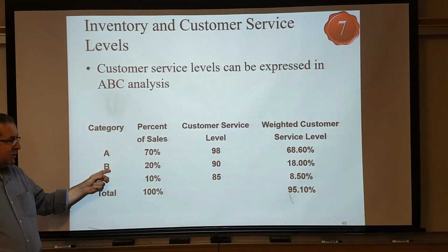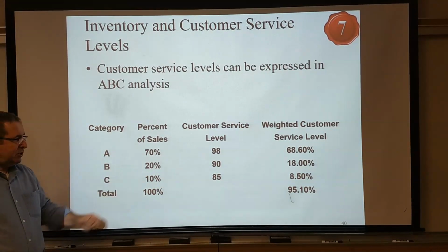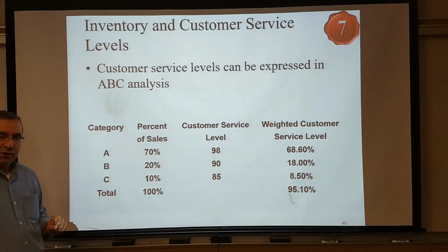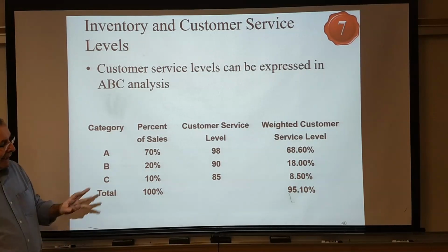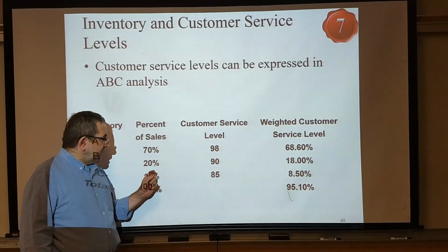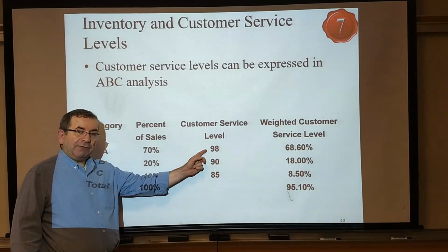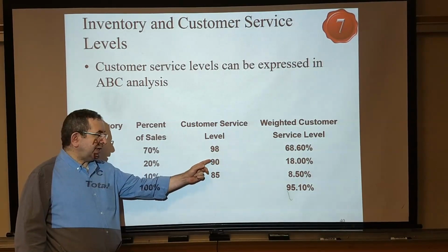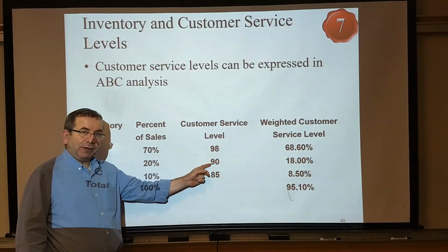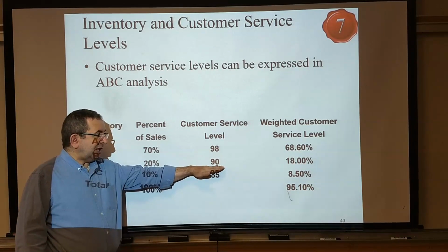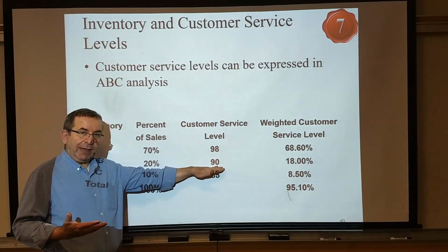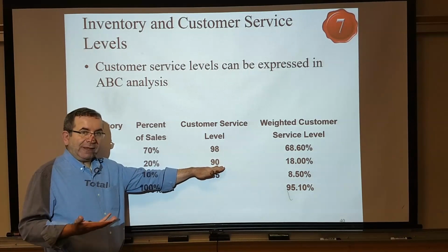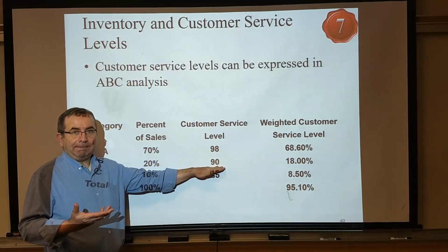Now, B items are less important because they generate 20% of your revenues. You don't have to carry as much inventory. You can carry a little bit less inventory so that you're in stock 90% of the time and you run out of stock 10% of the time.